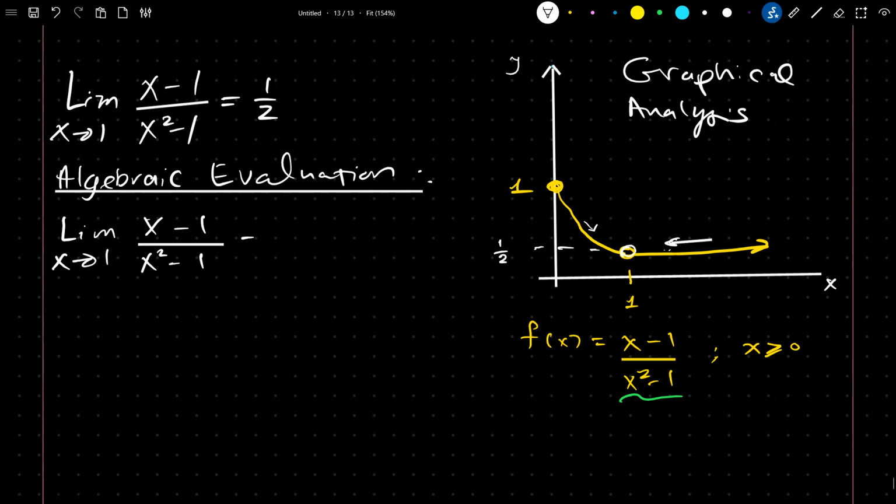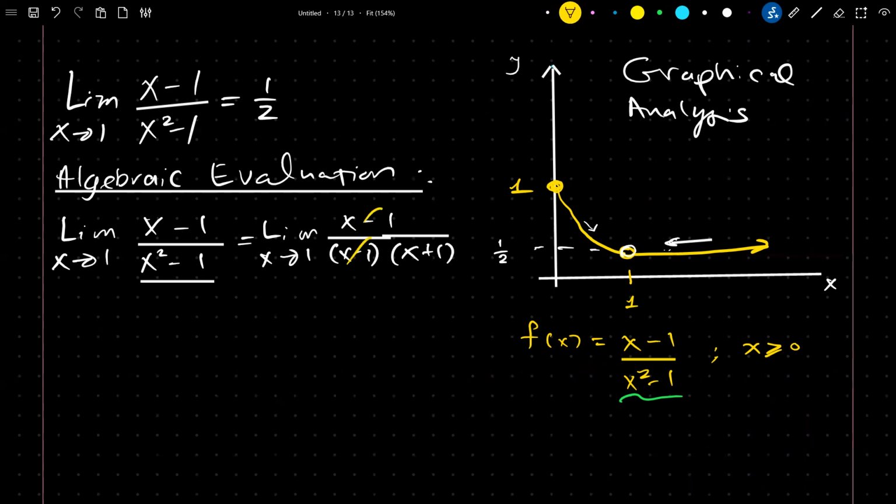So in this case, you can probably see that in the denominator, we have a difference of 2 squares. And so this becomes x minus 1 divided by x minus 1 times x plus 1. And so we can divide out our x minus 1, and we're left with the limit as x goes to 1 of 1 over x plus 1.